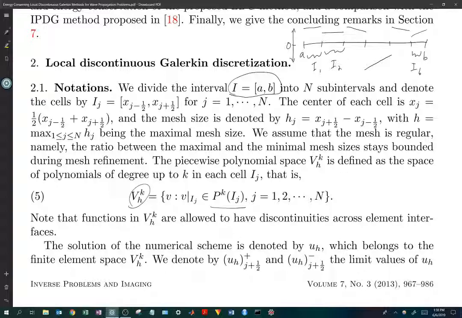So of course you could have things which are straight lines, and things which are piecewise constant, things which are piecewise linear. But then on, say, I4, you would have to solve for two constants. One constant being the coefficient of the constant polynomial, and the other being the coefficient of the linear polynomial.